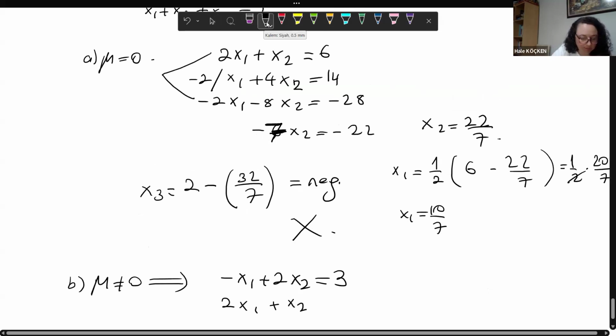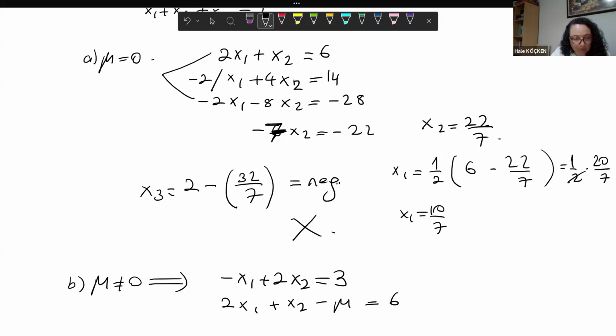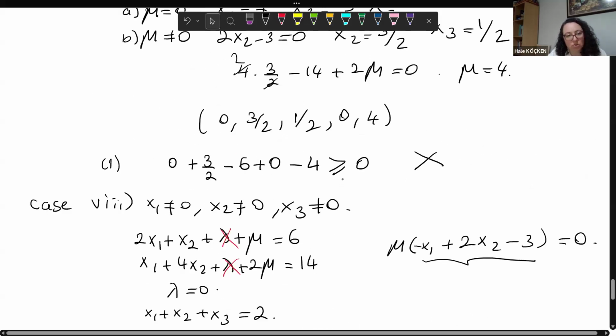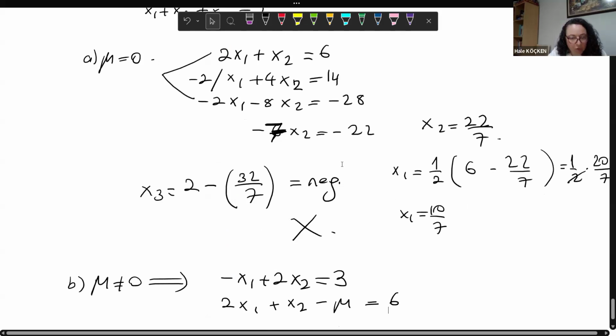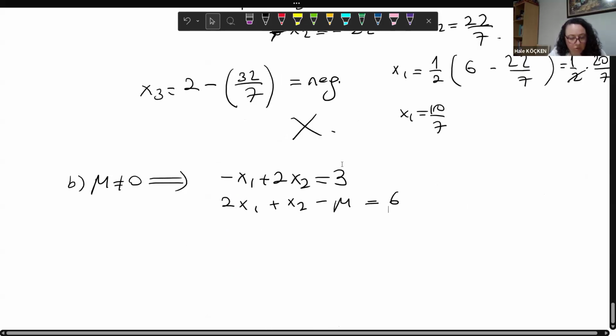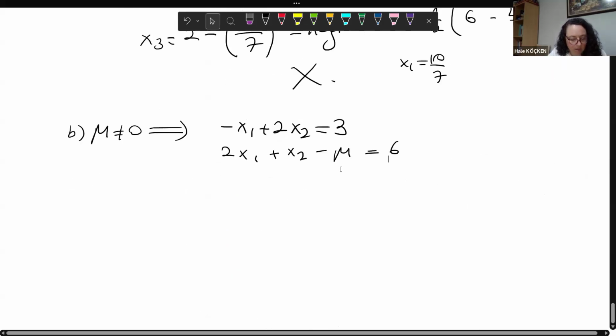Oh, minus mu is equal to 6. The first, why did I write this one? Sorry. Oh, yes, we assume all of them are different from 0, so I'm focusing on 2 and write that 2x1, x2 plus, is it plus mu or negative?